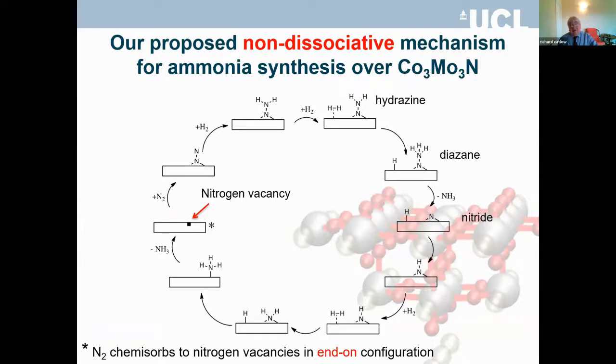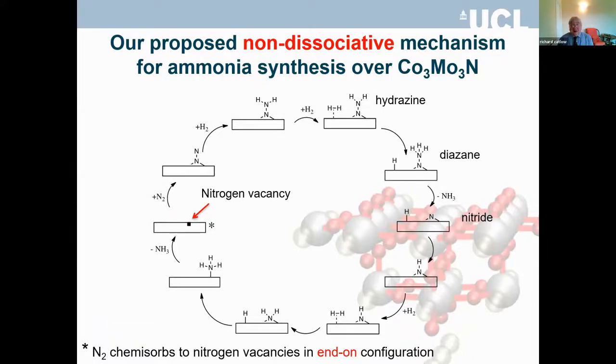This cobalt molybdenum nitrogen rather readily loses nitrogen, so you can create nitrogen vacancies on the surface. But then those nitrogen vacancies can trap molecular nitrogen. And once they've trapped the molecular nitrogen, you can start to hydrogenate that nitrogen without dissociation.